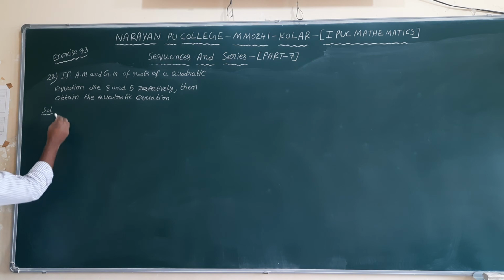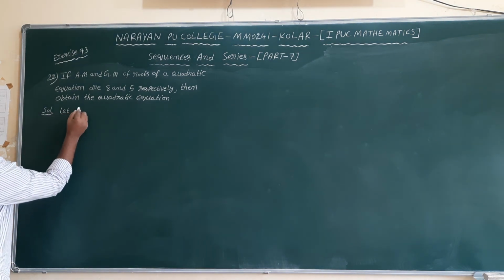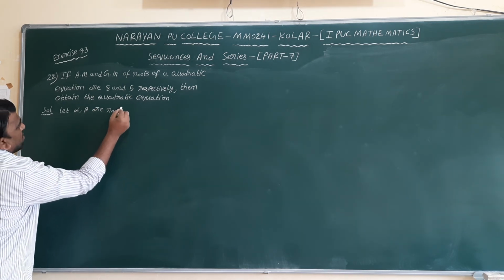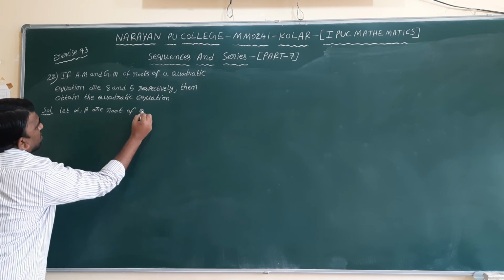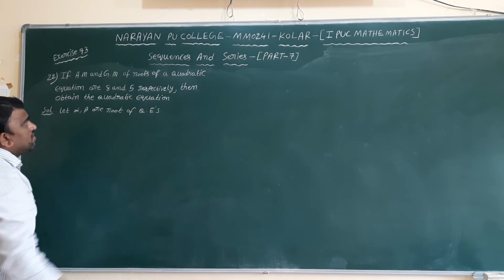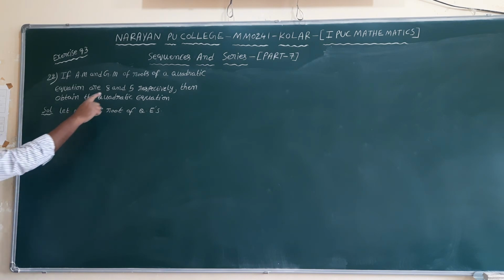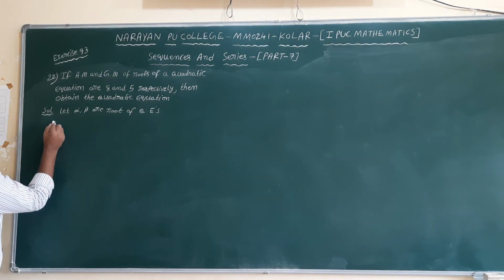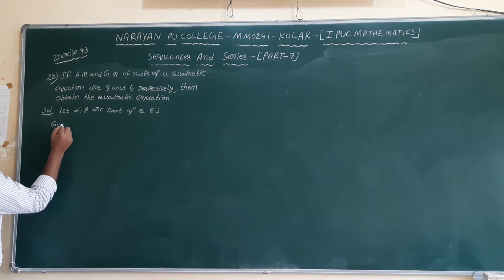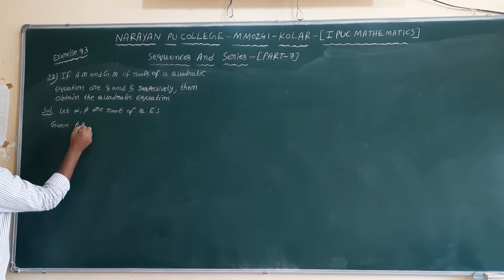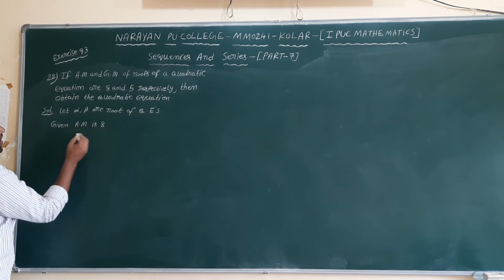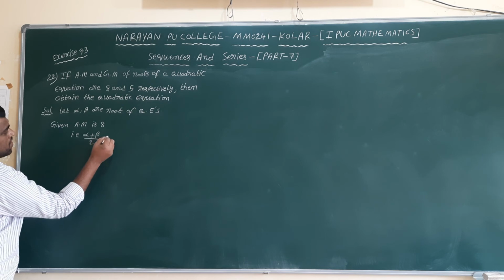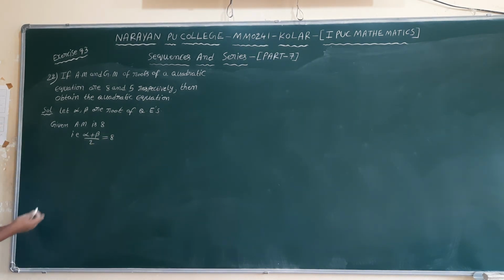So let us take alpha, beta are roots of the quadratic equation. Next, AM of the two numbers is 8, GM of the two numbers is 5, is given. So given AM is 8, that is alpha plus beta by 2 is equal to 8, AM means arithmetic mean, a plus b by 2 formula.